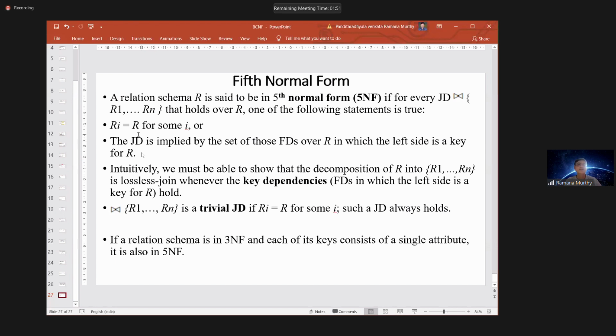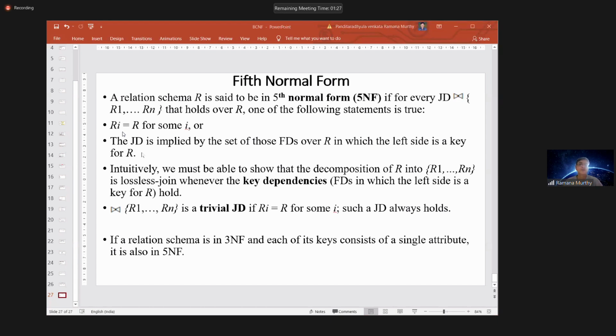Even the Ri, sometimes, as I told you previously, all columns together become only one particular table, if you are getting the key value. If you divide R, you can divide it into R1 to Rn. At the same time, you can identify that one of the Ri can be our original table also, with complete values.